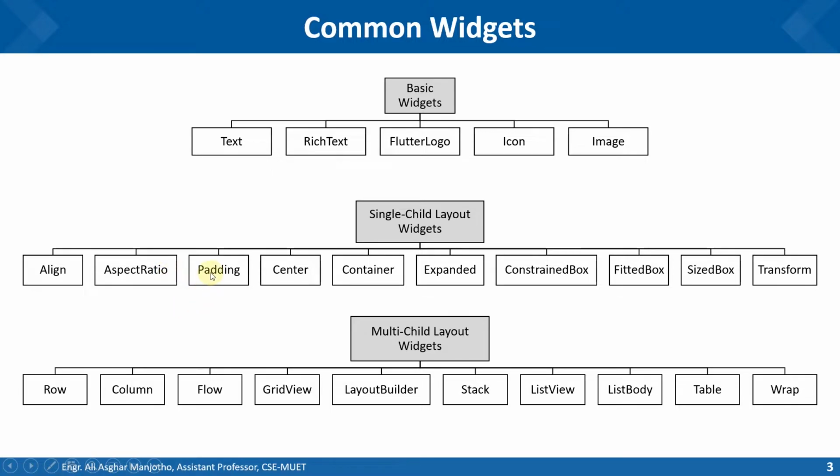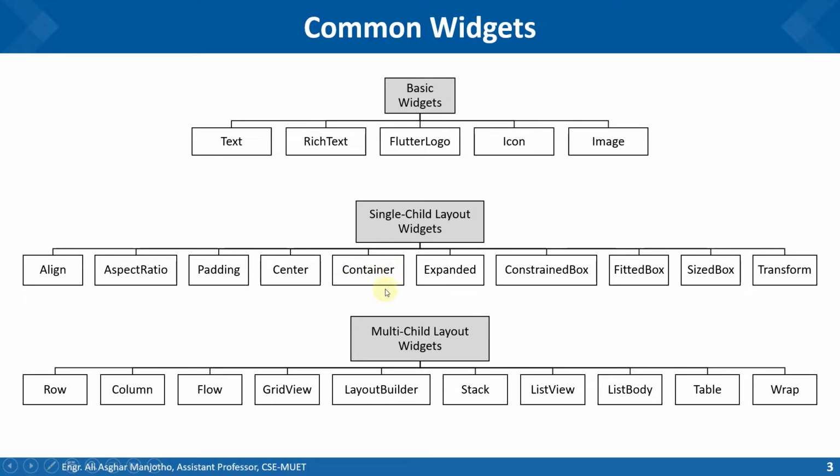The padding will provide some additional spacing between the widget border and its contents. Center will completely centralize the contents, positioning the content within the center. The container widget is one of the most used widgets in Flutter.